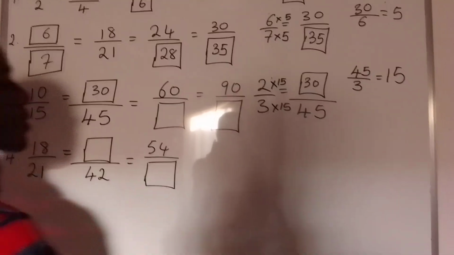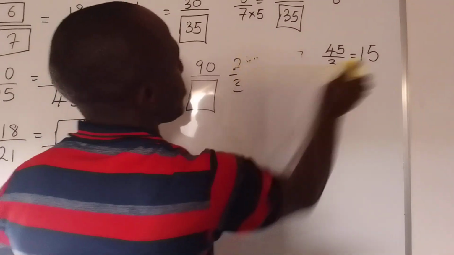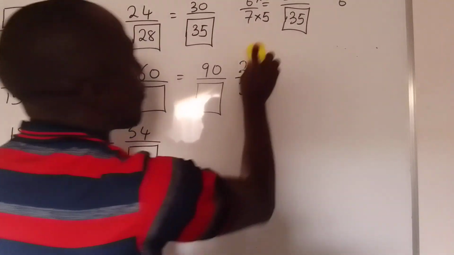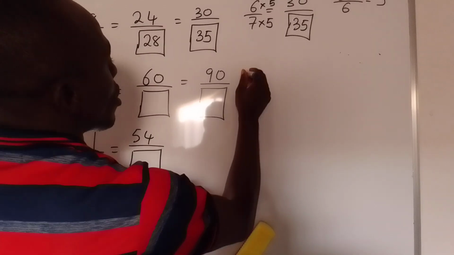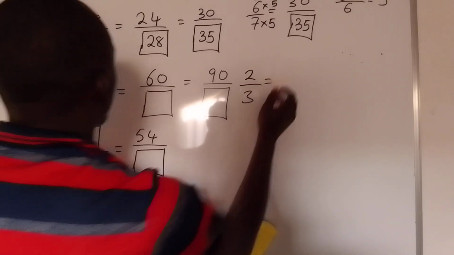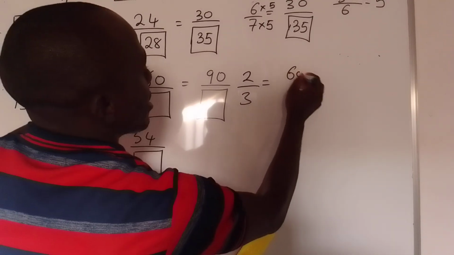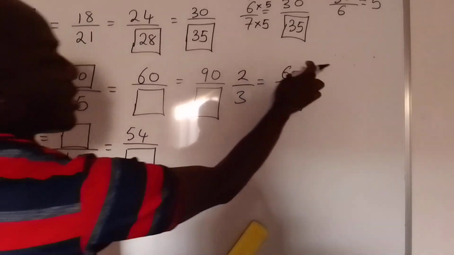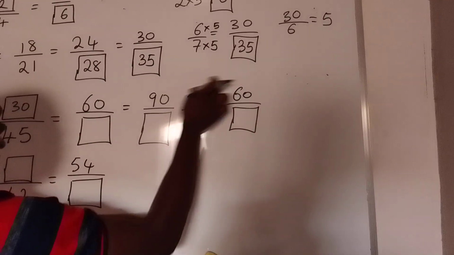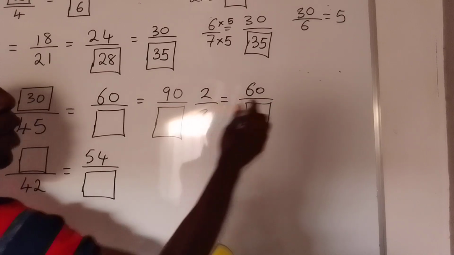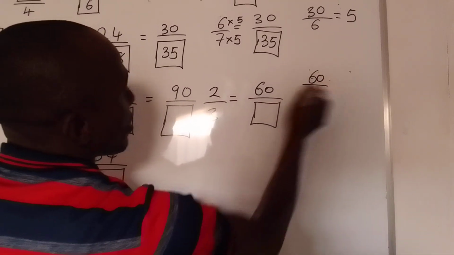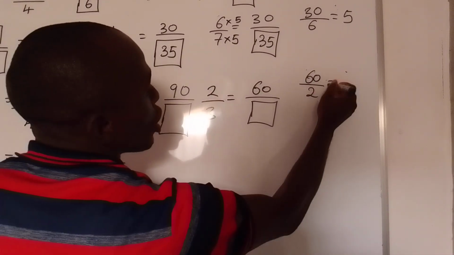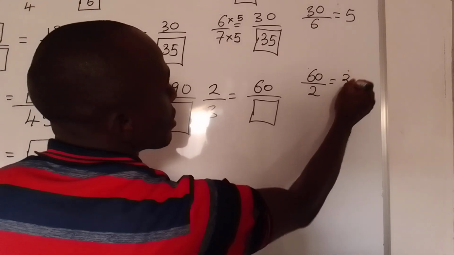Likewise, the second part, remember we keep using 2 over 3 all the time. 2 over 3 is equal to 60 over box. So we have the numerators complete here. Pick the big one, which is 60, divided by this 2. 60 divided by 2 will give us 30.